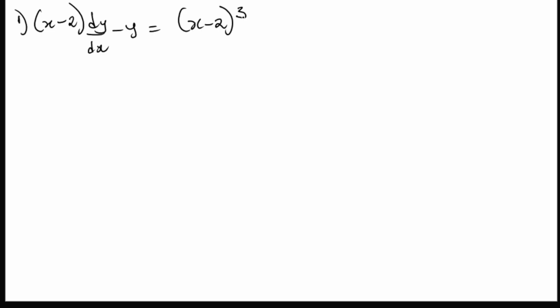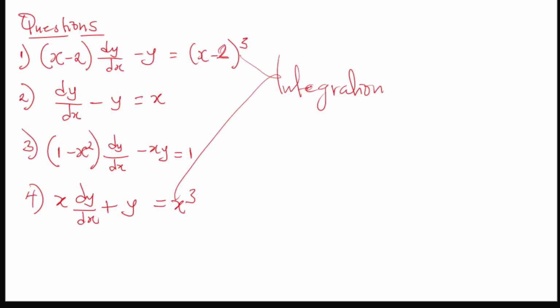Now what's the first question given to us? The first question in our question list was (x - 2) dy/dx - y = (x - 2)^3. That was the question given to us. What's the first thing you do? Go back to your steps.